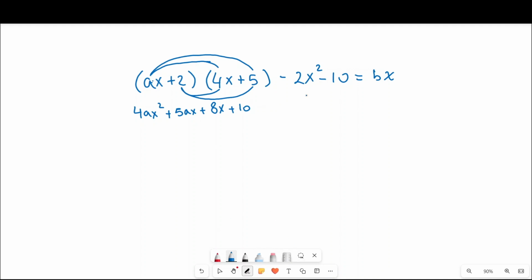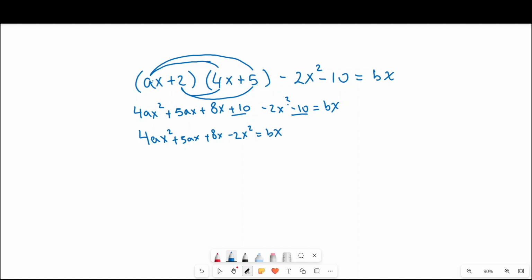Now, we can add the last part of the expression to our new one, so minus 2x² minus 10, which is equal to bx. Since we have plus 10 and minus 10, that's going to equal 0, and that means we can write this entire equation as 4ax² + 5ax + 8x − 2x² = bx.